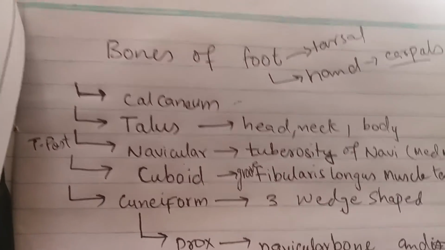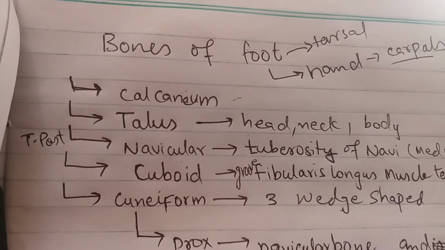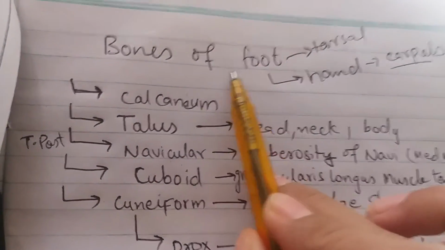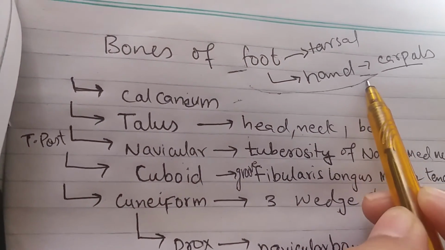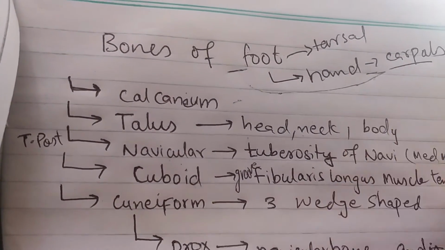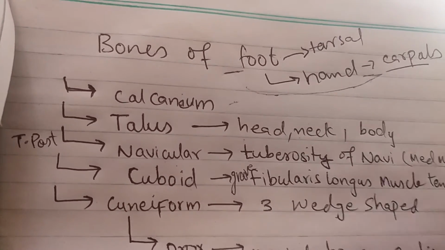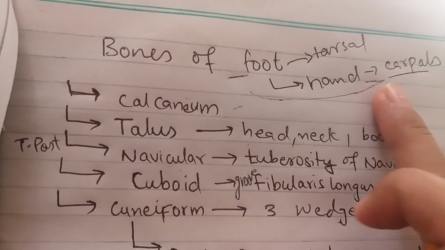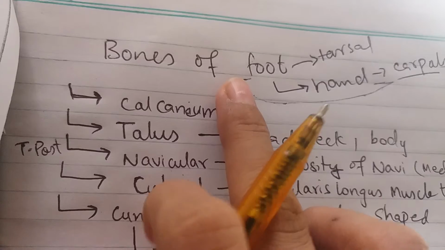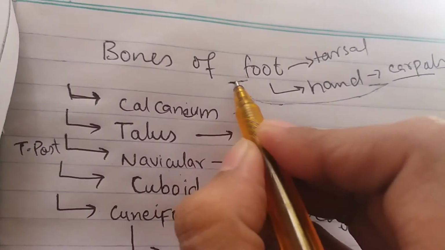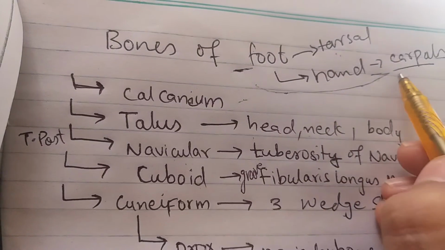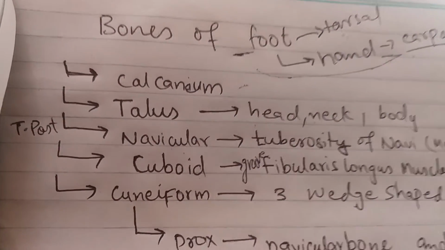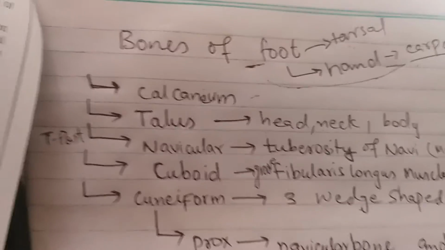One thing that I want to tell you is that the bones of the foot are ossified before the bones of the hand, or you can say the carpals. Carpals are ossified after the foot, because tarsal bones are ossified before birth, whereas the carpals start to ossify after birth.